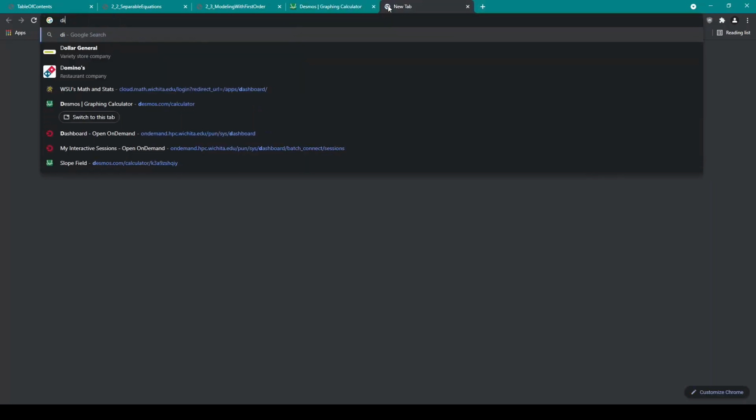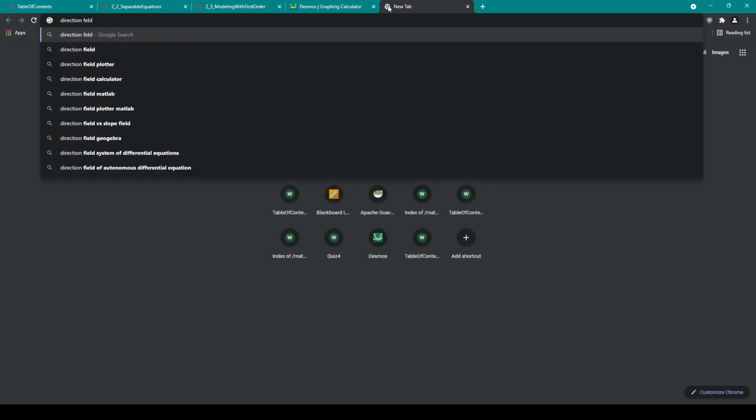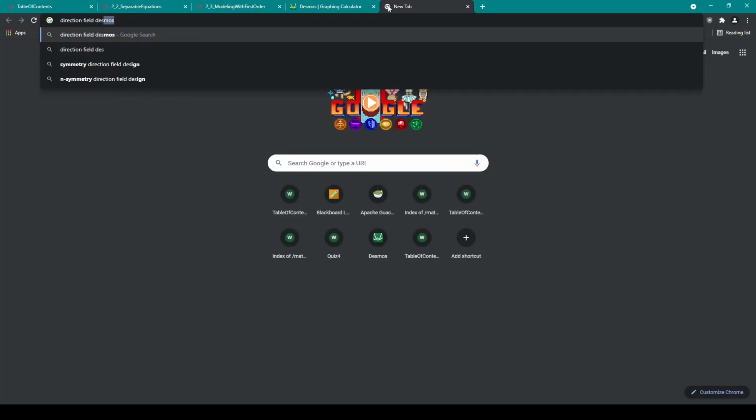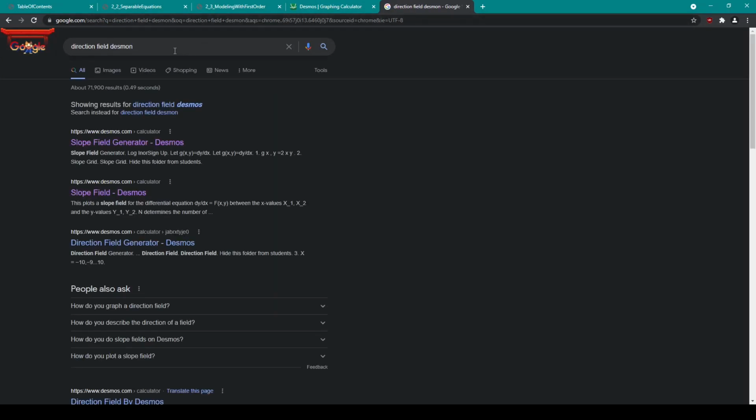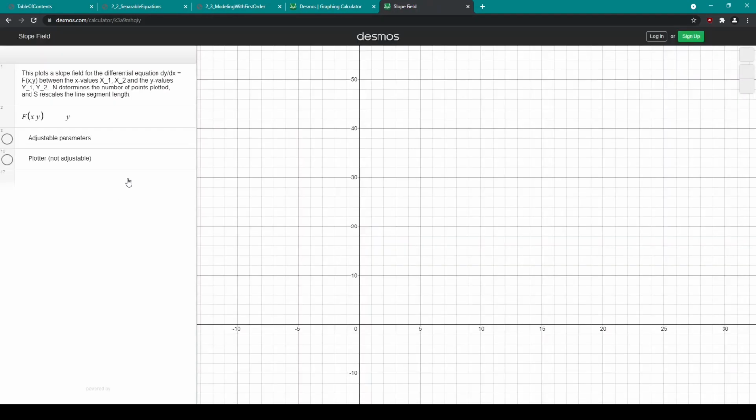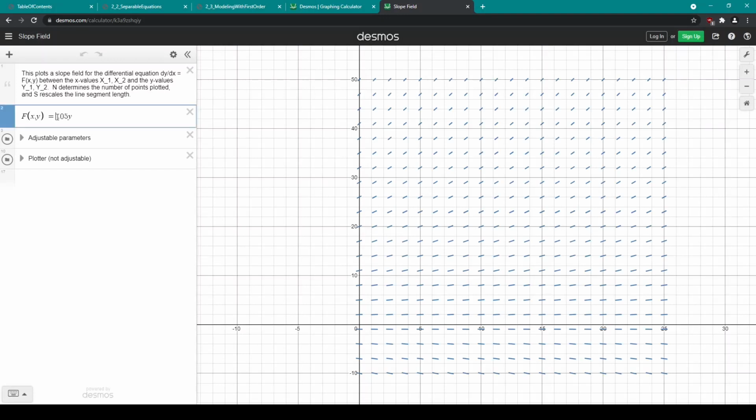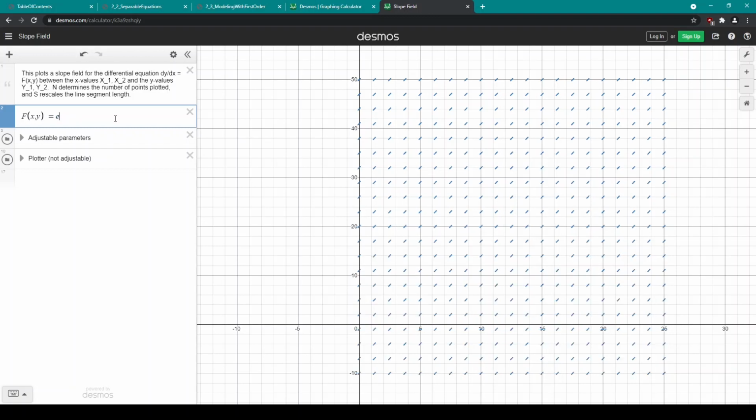Now, if we looked at the direction field, I did not type the right thing, but it might give me the right thing anyway. Okay, so we have this example here, and then we can put in our ODE.